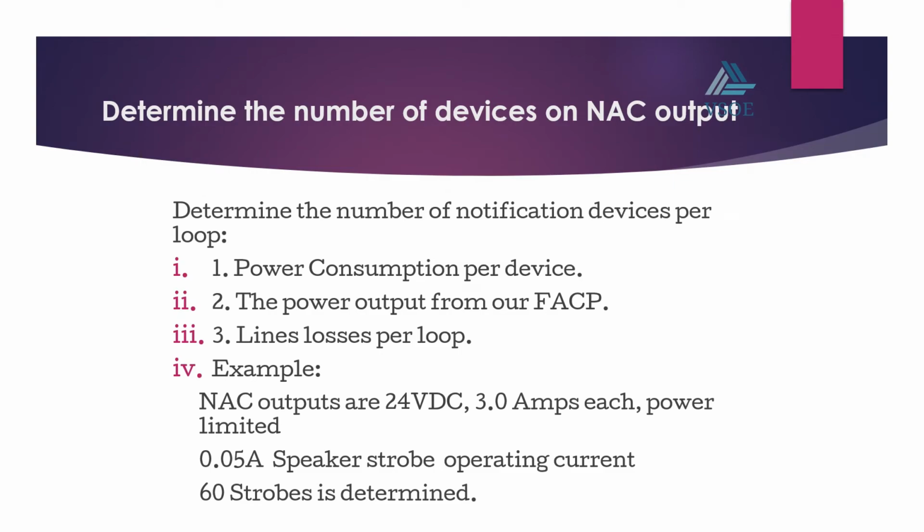So the next thing we're going to talk about is the number of devices and the notification output. And that is also the same because the notification has a certain output value in terms of the power that it is capable of outputting, right?